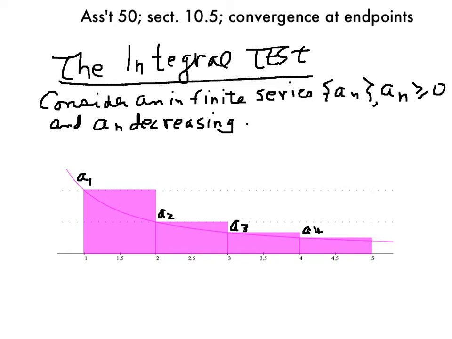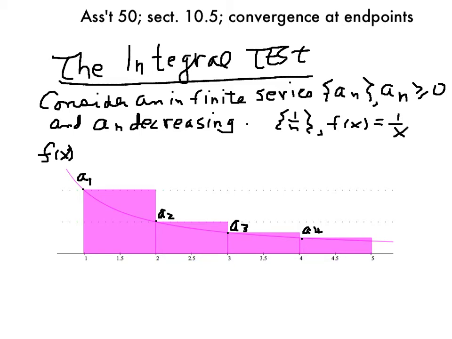Now, what we're doing here is approximating, or actually kind of including, all of these values in a function f of x. So f of x is essentially going to include a1 and a2 and a3 and a4. So for example, if my series is 1 over n, then my function is going to be 1 over x.